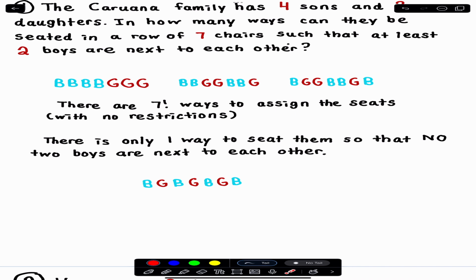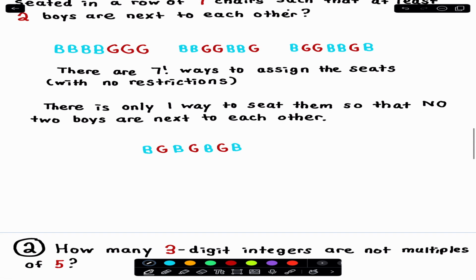So now our new question would be something like this. How many ways can this seating arrangement occur? So BG, BG, BG, B. So this time, a seating arrangement like this, where it goes boy, girl, alternating, we have 4 factorial ways to seat the boys, and then we have 3 factorial ways to seat the girls.